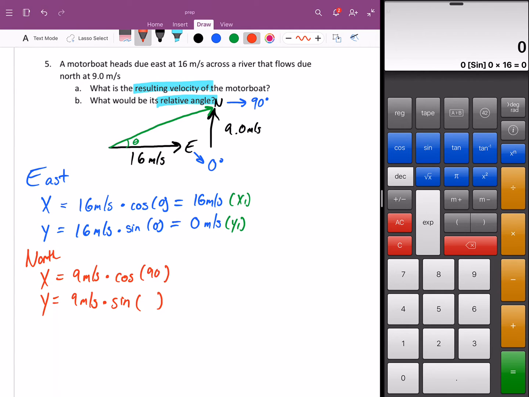Cosine being 90, as well as sine. 90 cosine times 9 equals 0. 90 sine times 9 equals 9 meters a second. We now have x2, y2.